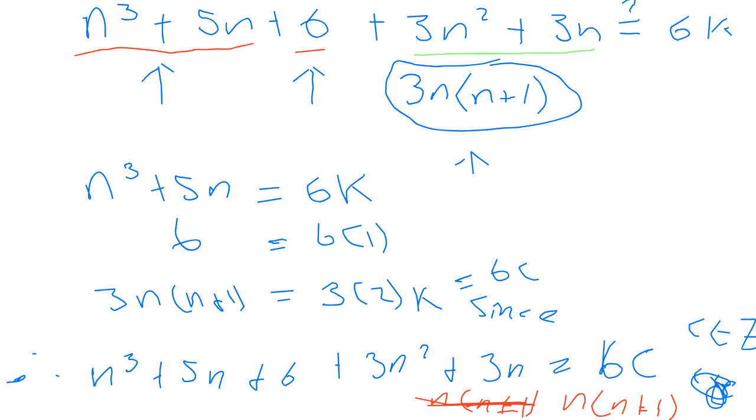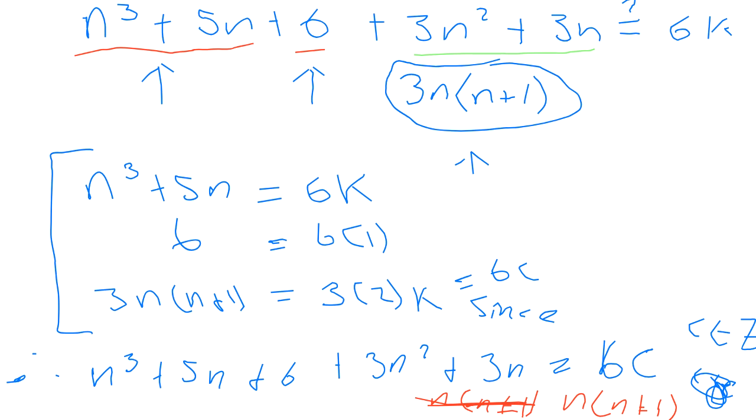Any questions? All right, so write it up in your format. Of course, you would have to mention this part right here. I told you what to write for the third line, but I didn't actually write it on the board.